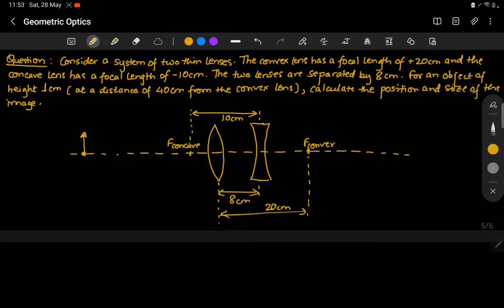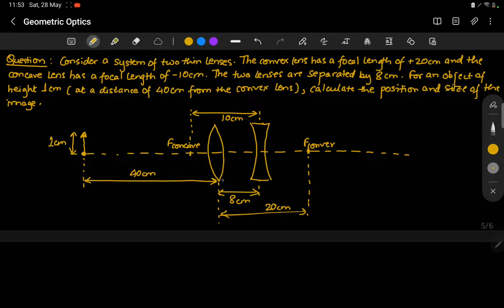So this is our object, and this distance right here is 40 centimeter, and this height of the object is 1 centimeter. So this completes the diagram.